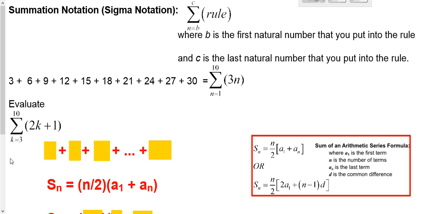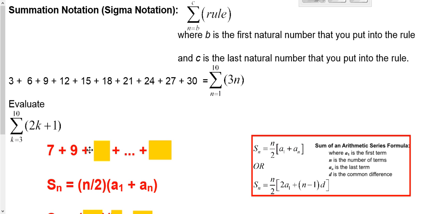So down below here, we need to evaluate this. We need to plug in 3 to be able to get our first term, and we get 7. Funny looking E, once again, tells you that it's series, so I need to go plus. Then I plug in the next number up from 3, which is 4. So plug in 4, and I get 9.